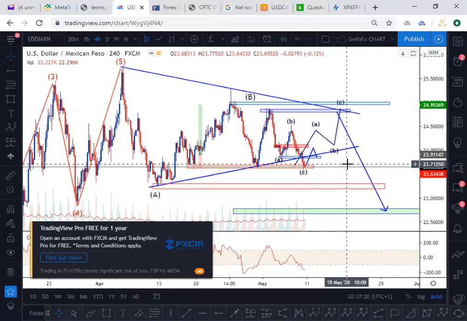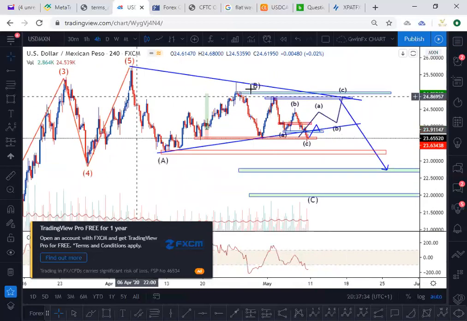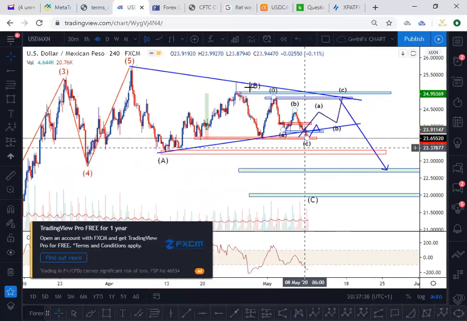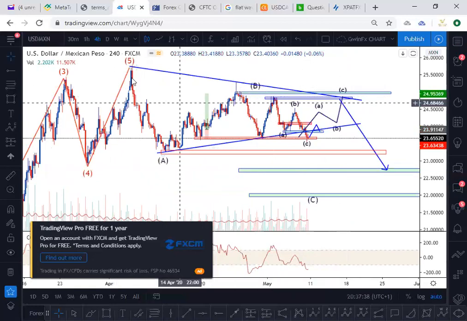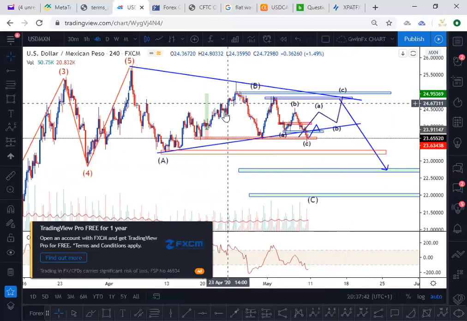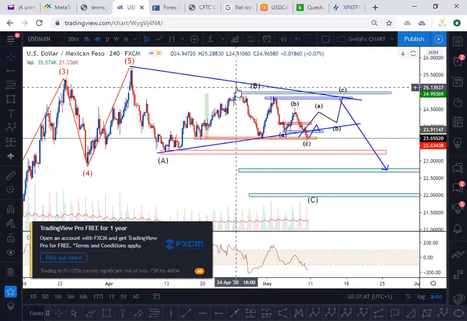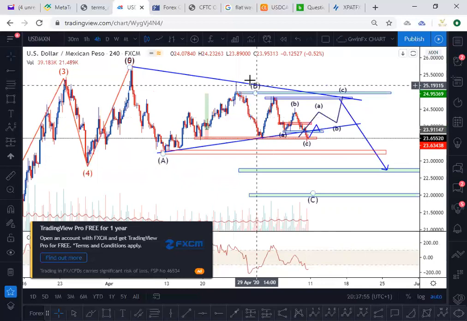So what this doesn't look like: I've seen that this doesn't look like a zigzag, because the high of the B is too high. If this was a zigzag, I would expect a shallow B inside of this area. So for B to make this high, we could start expecting either a flat or a running flat.